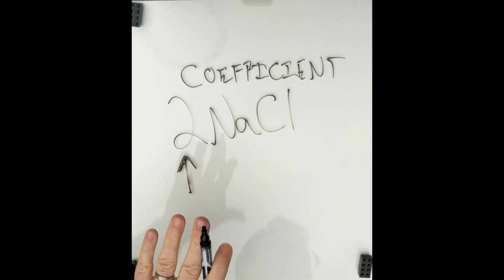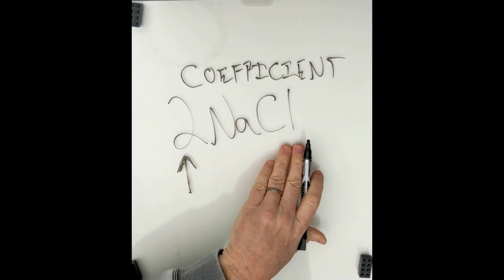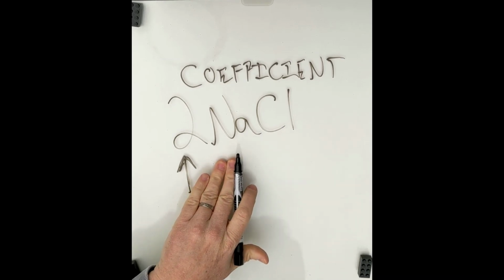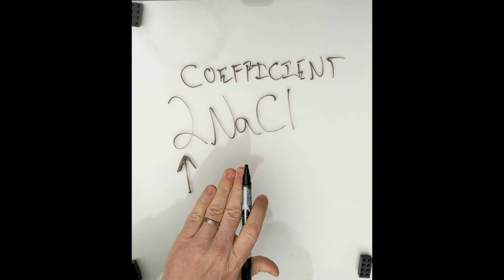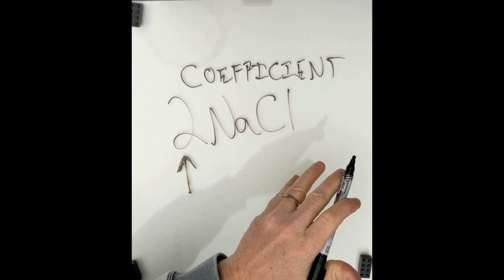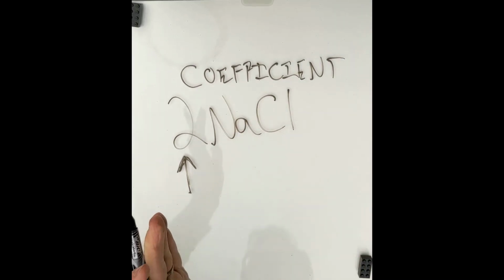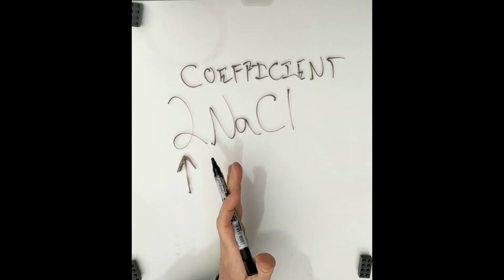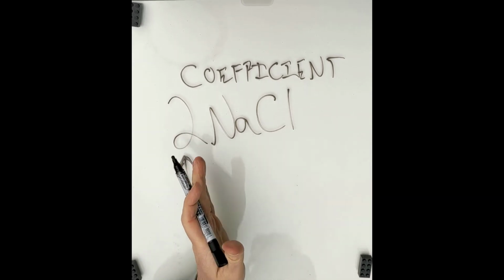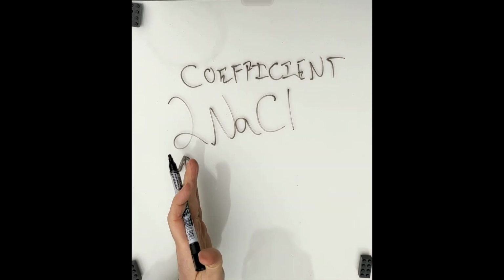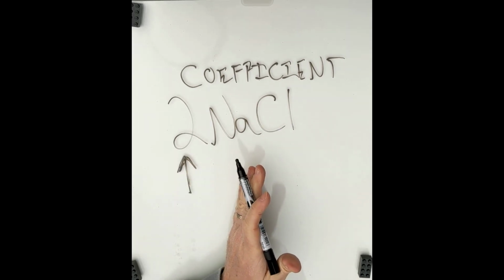It affects everything in that formula that appears after it. Okay, so this is different from the subscripts or the subscripts with parentheses, which kind of get cut off at different points. A coefficient in front of a formula means that there's double or triple or quadruple or whatever the number is of everything in that formula.